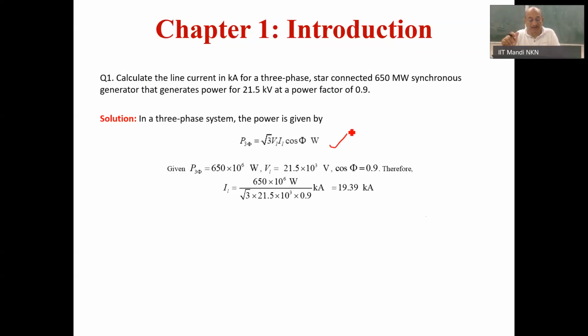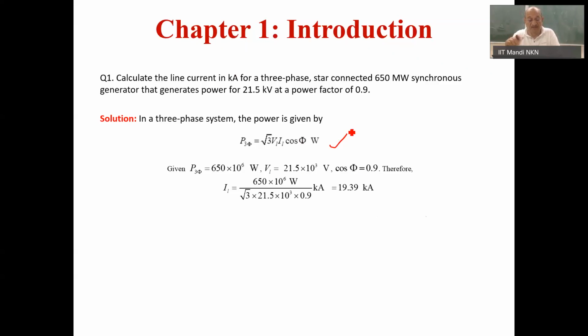And when you put the values, V line is given as 21.5 kV, that is 21.5 into 10 to the power 3 volts. Cos phi is 0.9, and the three-phase power is given to be 650 megawatt, that is 650 multiplied by 10 to the power of 6 watt.